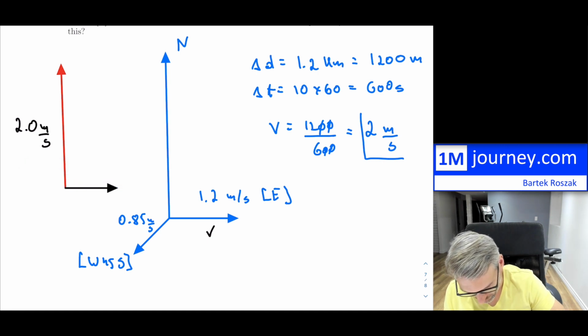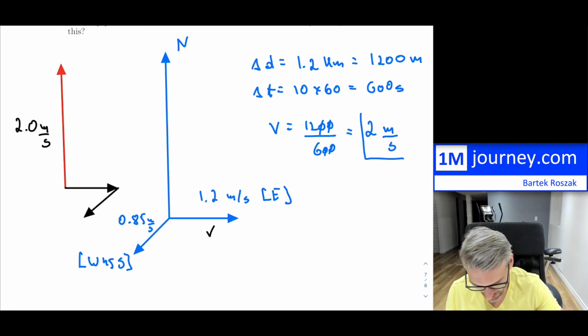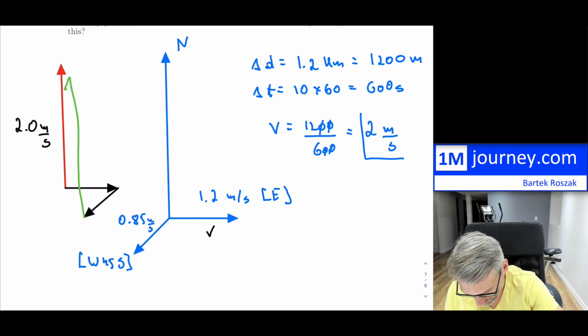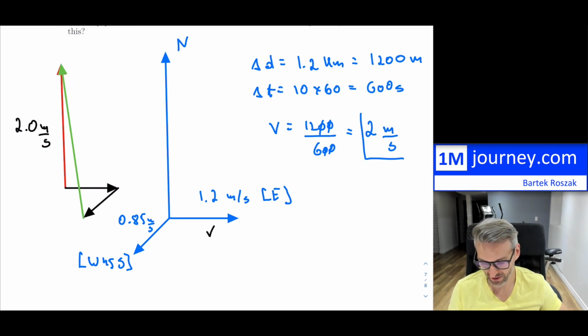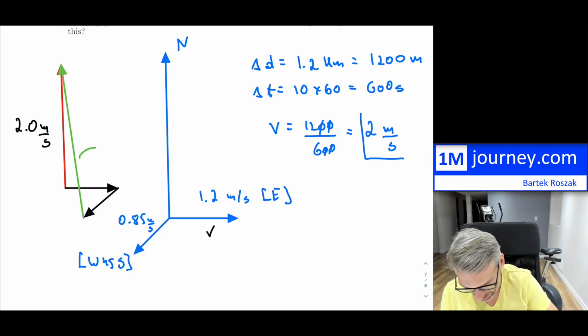Then I have the other one, which is going to be like this, and this is going to be shifting it back here. Notice that now, in order to get what we want, this is what we would need the drone to do. This is kind of the heading. This is what the drone would have to be.